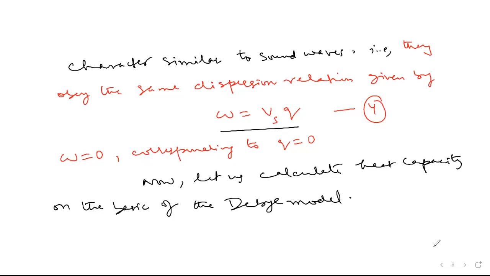We have discussed that in last lecture. Let me write that equation first. It was 3V by 2 pi square omega square by Vs cube.